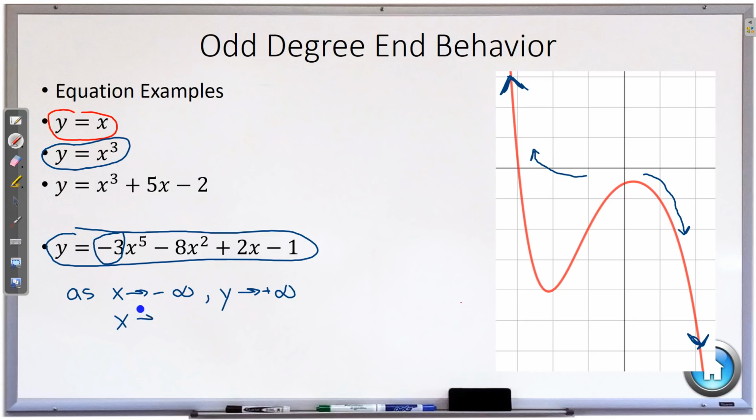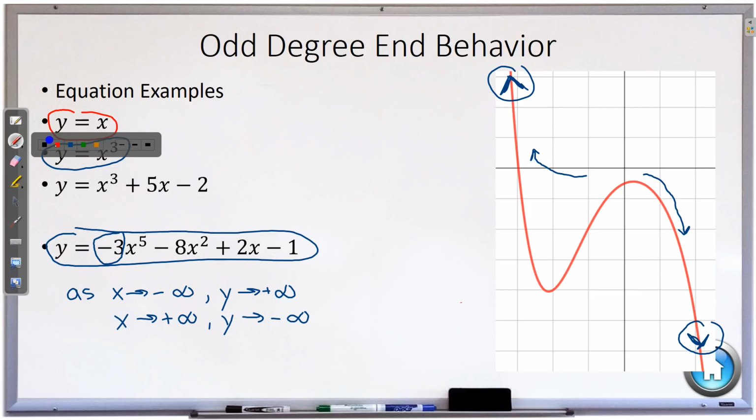As x goes towards the positive direction, positive infinity, our y values are going towards, well, they're going down, so negative infinity. Now again, you can see it's similar, but this time the arrows have been flipped. The one on the left is going up, and the one on the right is going down.